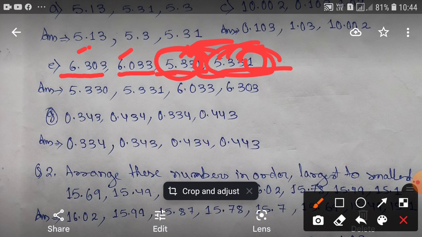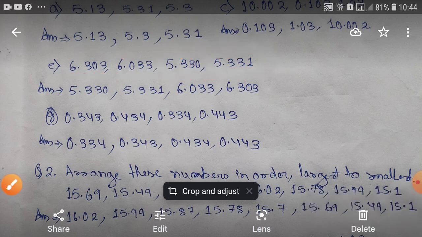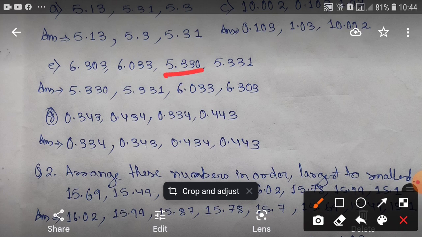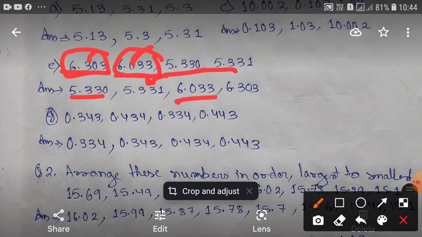So we will take this number in the first place and this number in the second place, and now we'll compare both these two. If you compare, you can clearly see that 6.033 is smaller than 6.303, because in the 10th part, in the 6.033 we have 0, which is smaller than 3. So we'll write 6.033 in the third place and 6.303 in the fourth place or the last place.